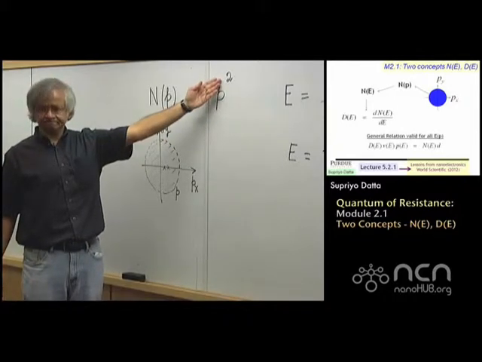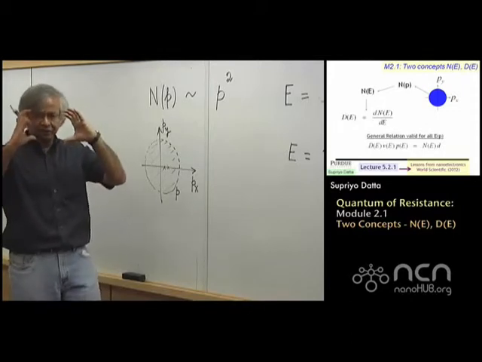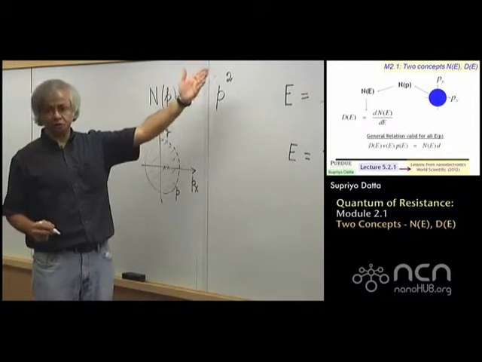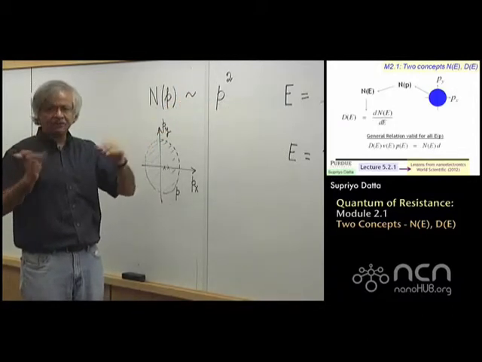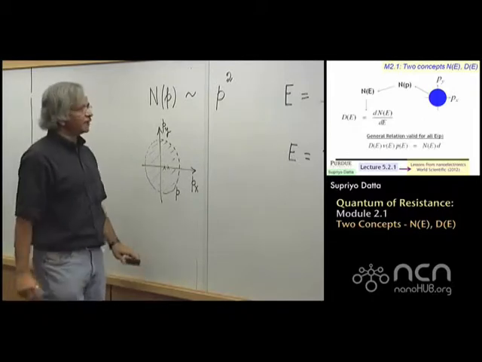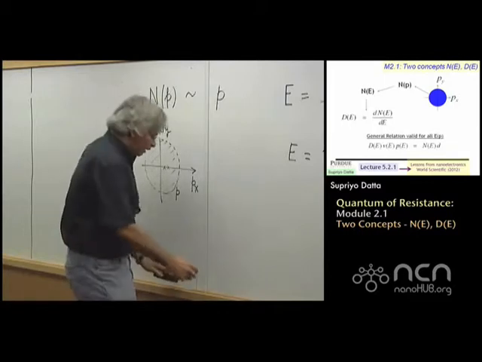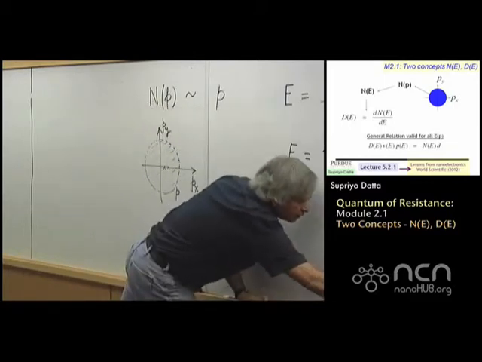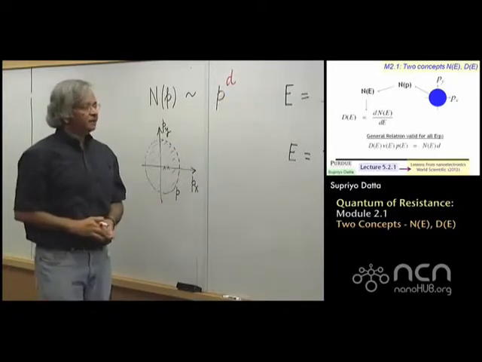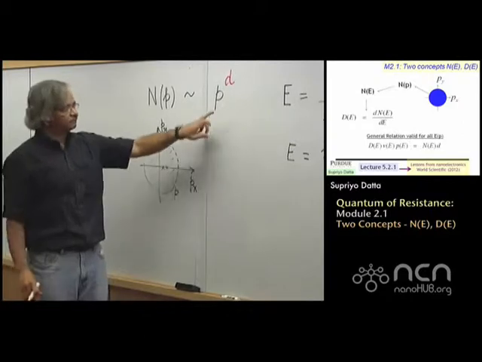So for the moment, we just note that N of P is proportional to p squared if it's two dimensions. What if it is three dimensions? Well, then I should be looking at the volume of a cube, and that would be p cubed. Or if it's one dimension, then we're just looking at a line, so it's just proportional to p. So in general, I could write N of P is proportional to p to the power d, d being the number of dimensions we are interested in.